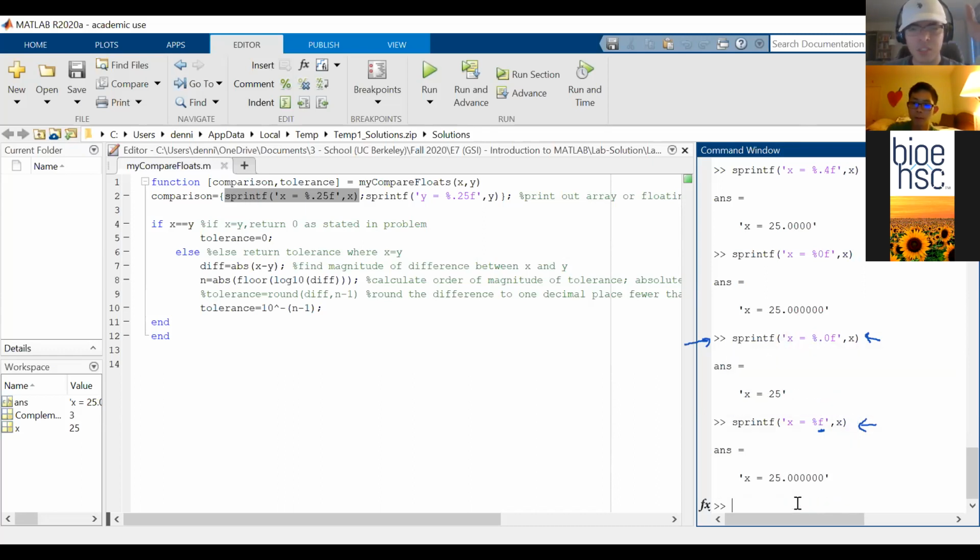There's a whole table of documentation of how to use this function, and there are a lot of things you can do with it. I guess 0f is just the same thing as f. Probably. But yeah, in here you're showing it with 4 decimals after the point, and in the example of this problem, we are showing it with 25 decimals. Any ideas why the 25-decimal version of 25 is also 25 and not some weird decimals after that?